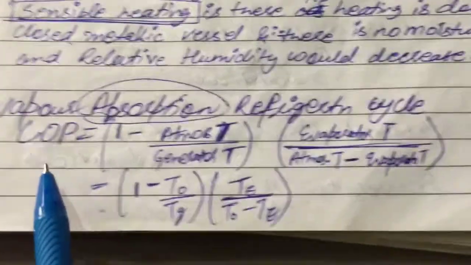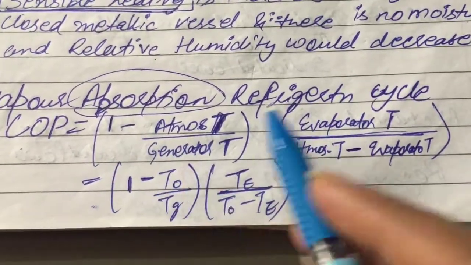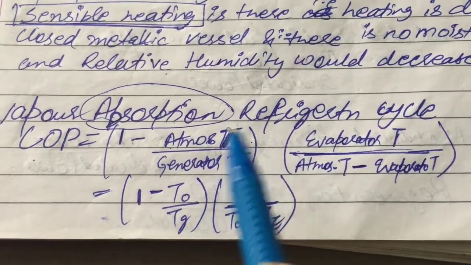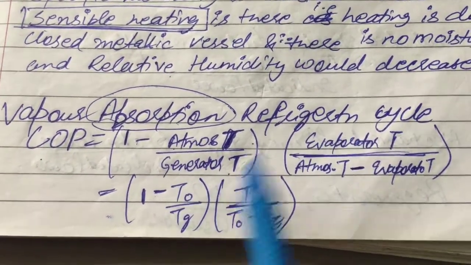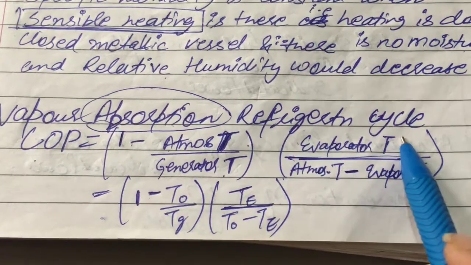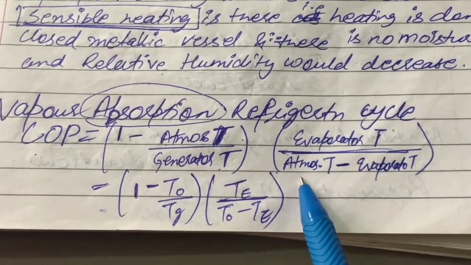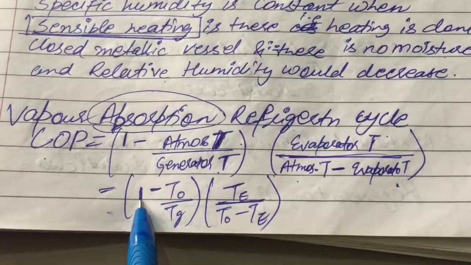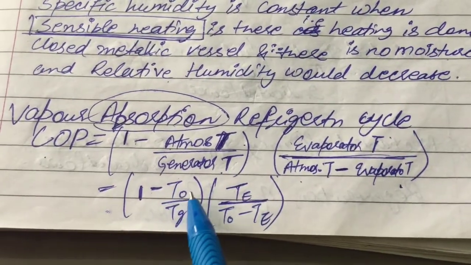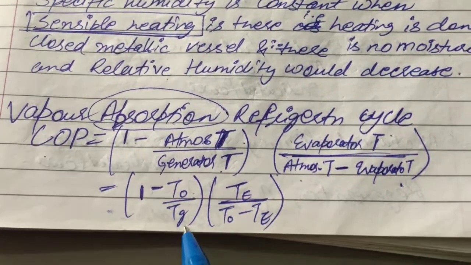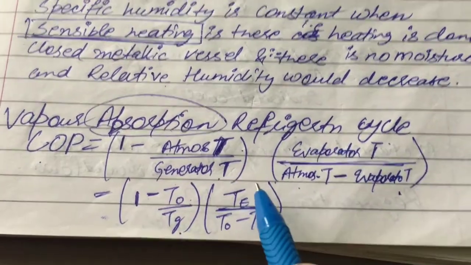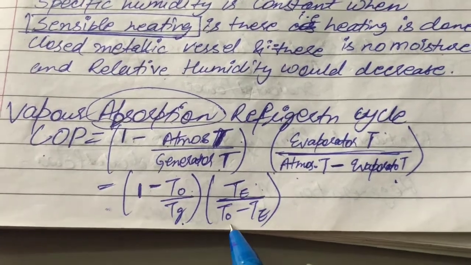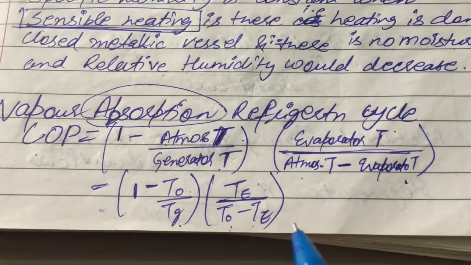For this, COP is 1 minus atmospheric temperature T0 upon generator temperature Tg into evaporator temperature Te upon atmospheric temperature T0 minus evaporator temperature Te.